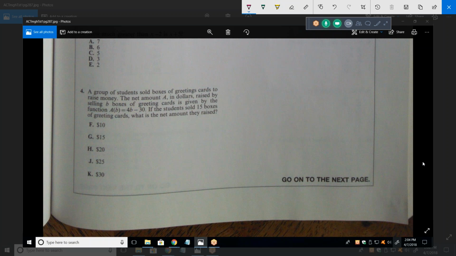The only difference is that it's a of b instead of f of x. Well, immediately I know that the only variable I'm seeing on the other side of the equation is b. That's what a of b means, that I have an equation where the variable is b.